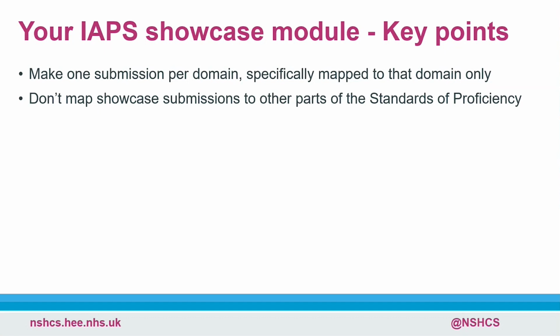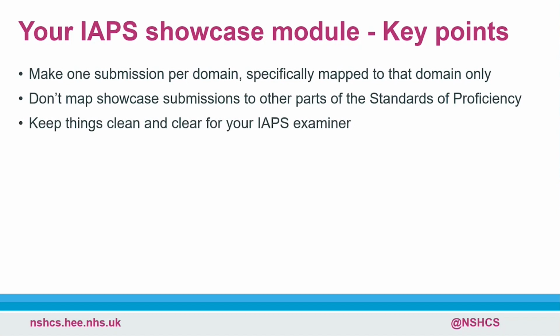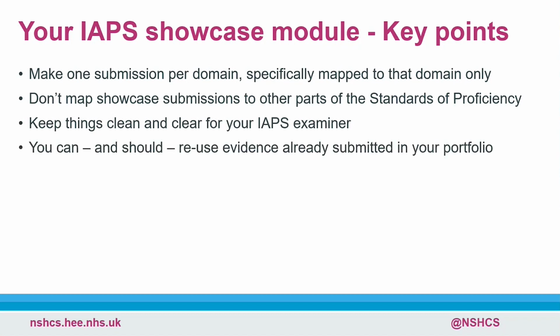It's about clarity, specificity, singularity. We've had the exact opposite in some of the IAPS, and it doesn't help your examiner when you're trying to submit or map to other standards at the same time. So, 5 good narratives, 5 good submissions. It's keeping it clean and clear for your examiner.